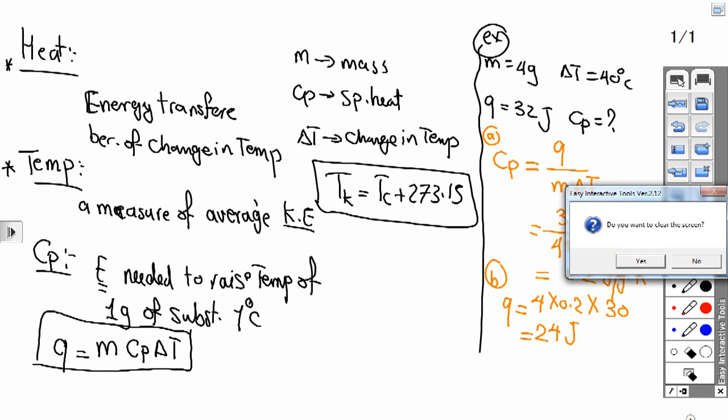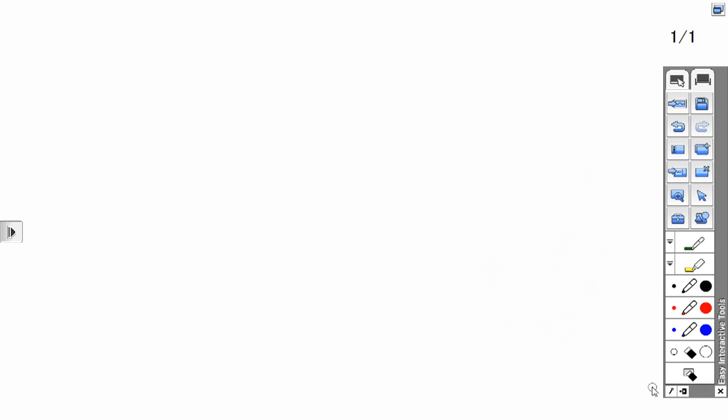Enthalpy of the reaction. What does enthalpy of the reaction mean? Enthalpy means energy. Enthalpy change is the amount of energy absorbed or released during the chemical reaction.